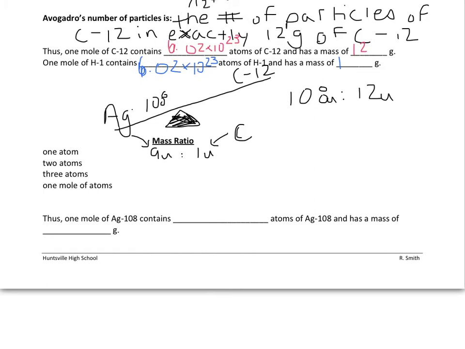Reduced to 9 to 1. And if we get all the way down to 1 mole of atoms, which is where we got stuck last time, 1 mole of atoms would be 9 times 6.02 times 10 to the 23 to 6.02 times 10 to the 23, or 9 to 1.